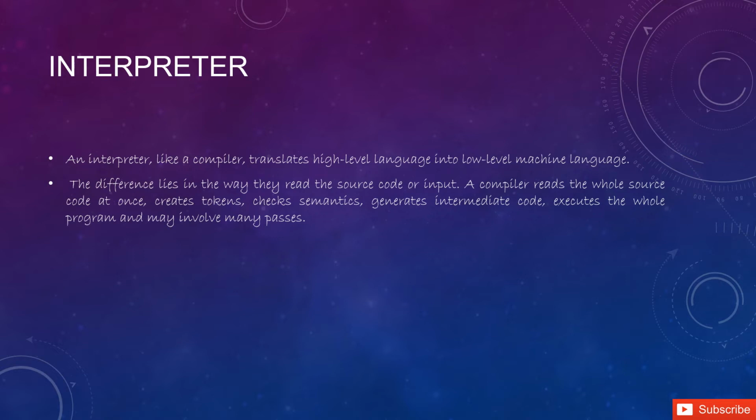A compiler reads the whole source code at once, creates tokens, checks semantics, generates intermediate code, and executes the whole program, which may involve many passes. We will see what a token is in some further lectures. A token is basically a sequence of characters.